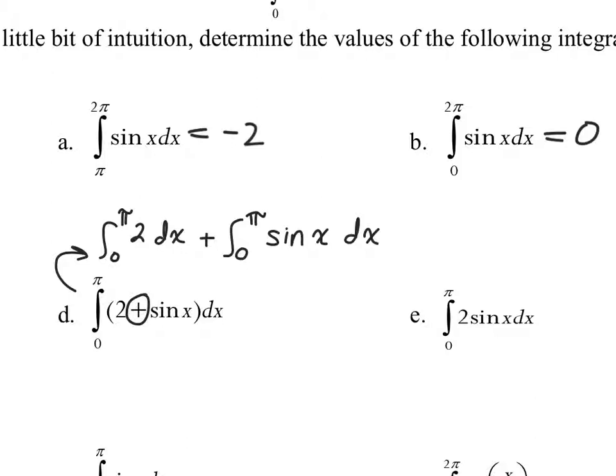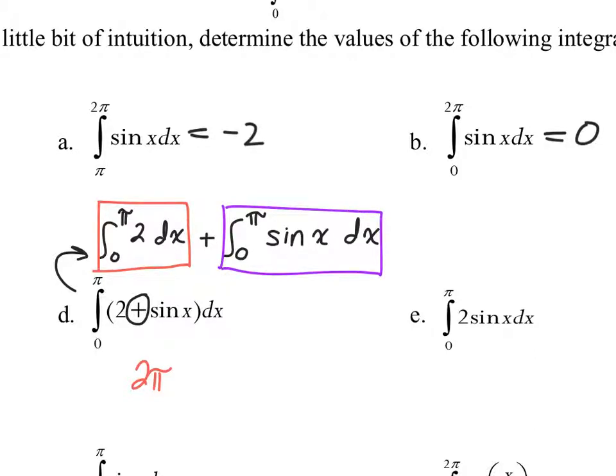So what is the definite integral on the interval of 0 to pi of 2 dx? 2 pi. And then the other one? Just a 2, either from the diagram or from the given, either way.